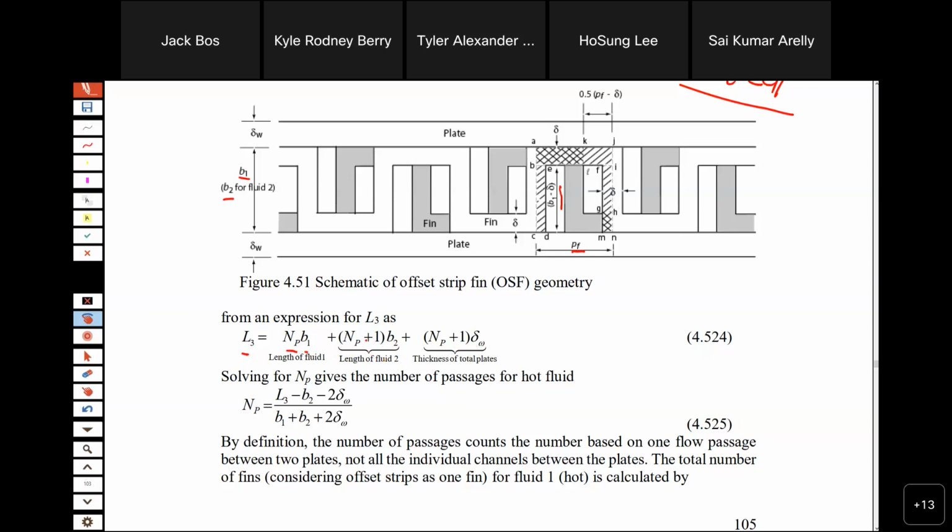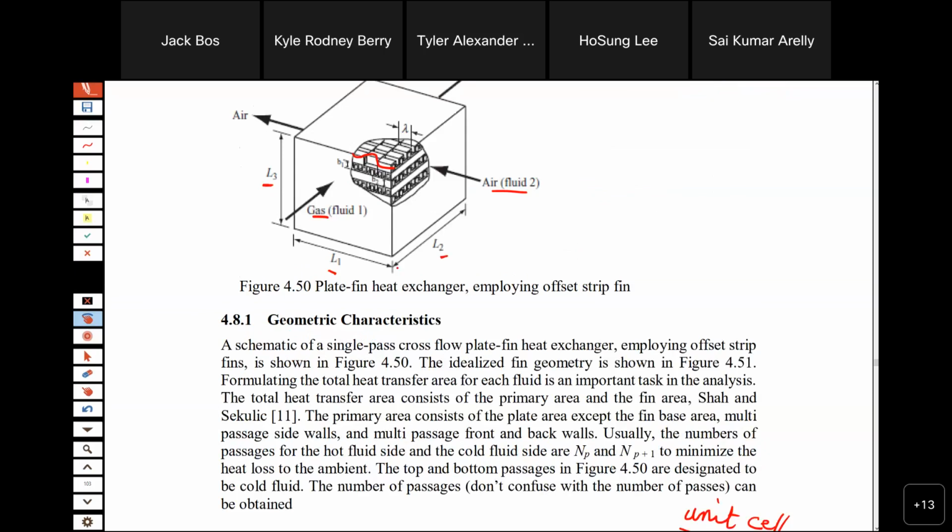Yes. If you look carefully, there is a B1, but also the thickness of B2. So not only B1 but B2 and the thickness.